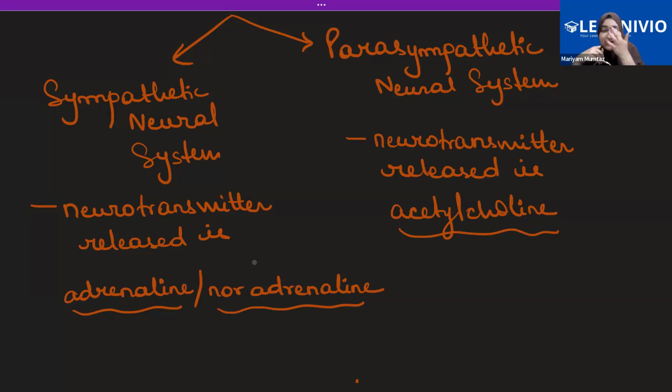Why? Because during that time your saliva is gone. Then the enzymes of your digestive system, your gastric enzymes, are also inhibited. They are also not released. So even if you eat, you're going to get indigestion because you'll not be able to digest it.